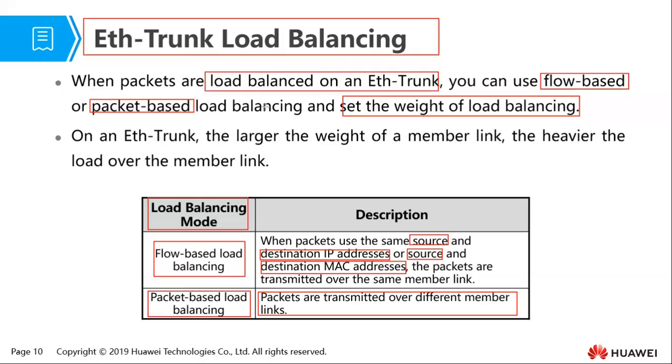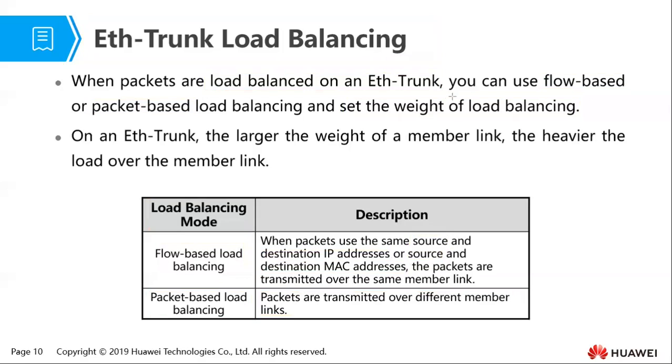So that's the difference between flow-based and packet-based. When you do the lab, you're going to see that in order to configure a load balancing mode, you have to go into a particular Ethernet trunk.